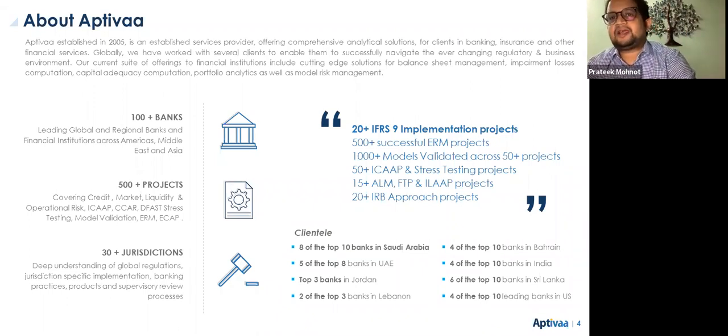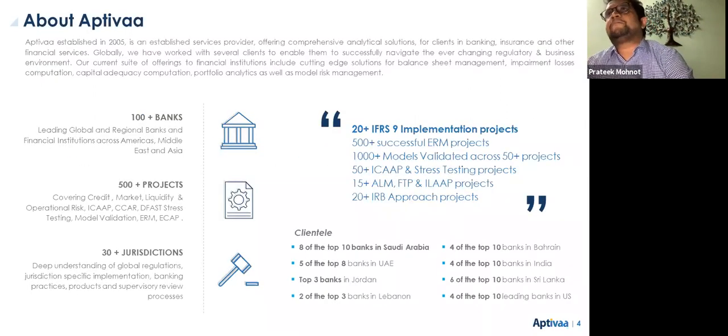We have an experience of working with over 100 plus banks today across 30 jurisdictions around the world. We have customers in Americas, in Africa, in Europe, in Asia, where we come from.